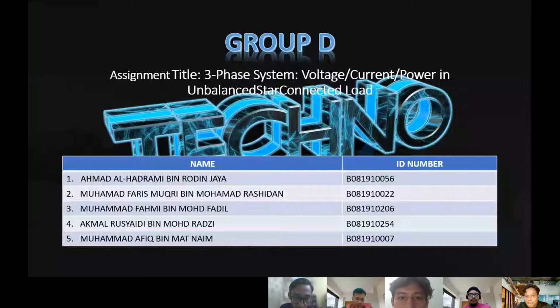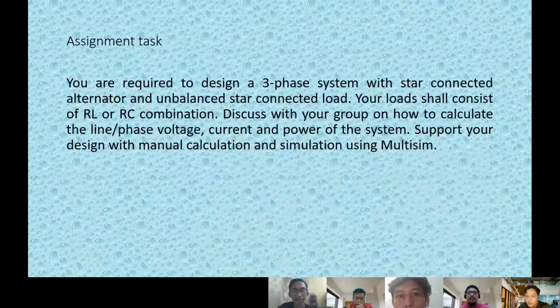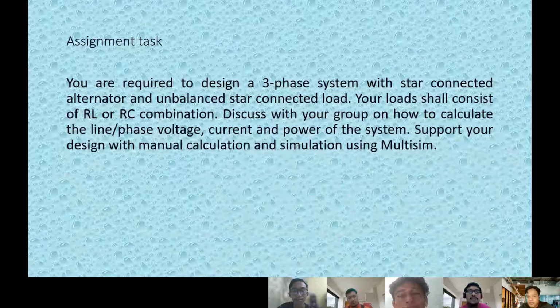So we are group B. Yes, we are group B. And this is our assignment title, our group name, and matric numbers. Okay, next. For the slide, we put the question that we need to do.